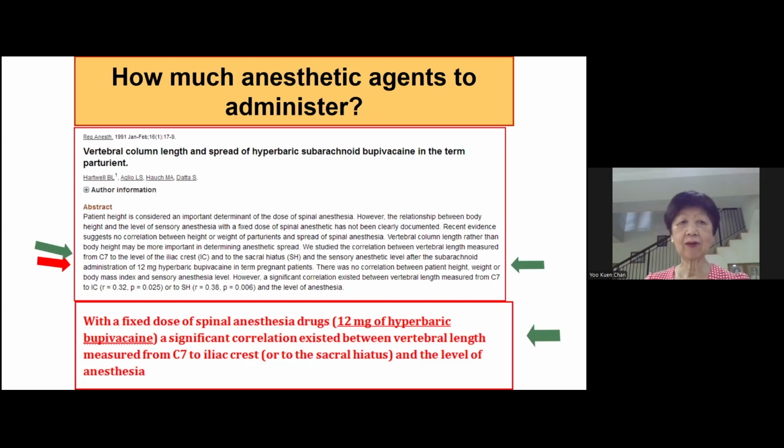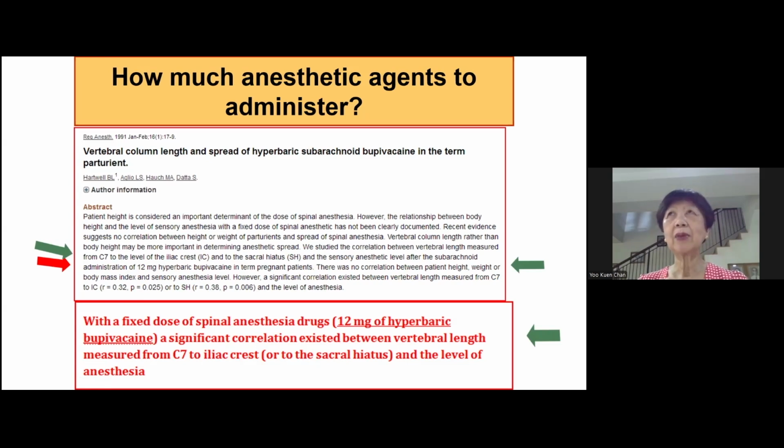They found in this particular study, as far back as 1991, that with a fixed dose of spinal anesthetic drug, 12 milligrams of hyperbaric marcaine, there's a significant correlation between vertebral height, measured from C7 to iliac crest, and the level of anesthesia.